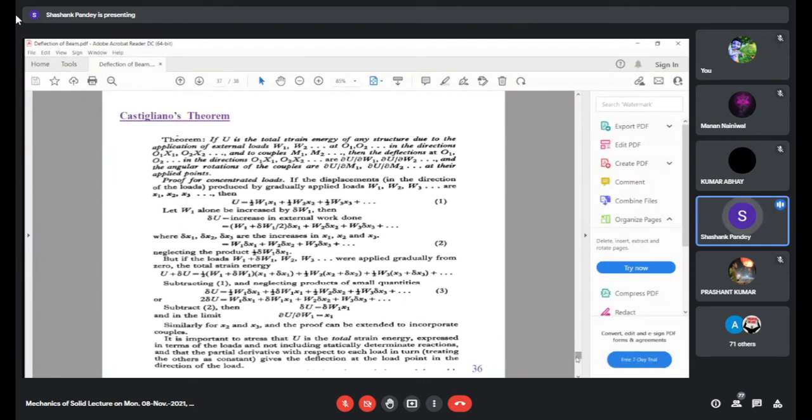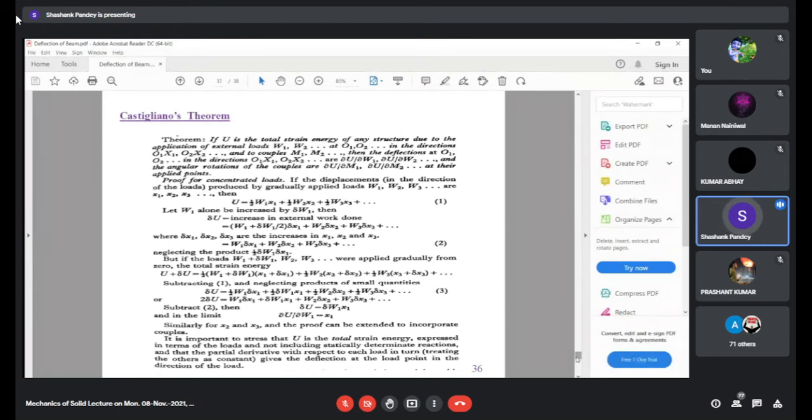Because of the different loads W1, W2, and W3, we have corresponding deflections, that is X1, X2, and so on. And because of these several loads, we will have the entire contribution of moment because of these loads.